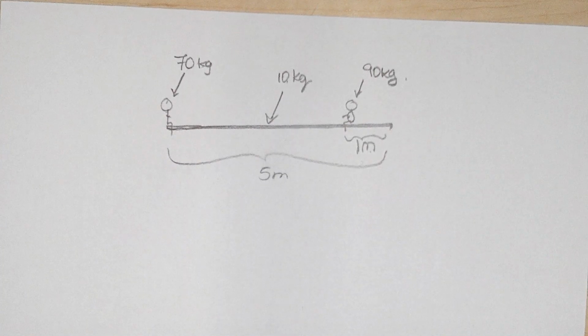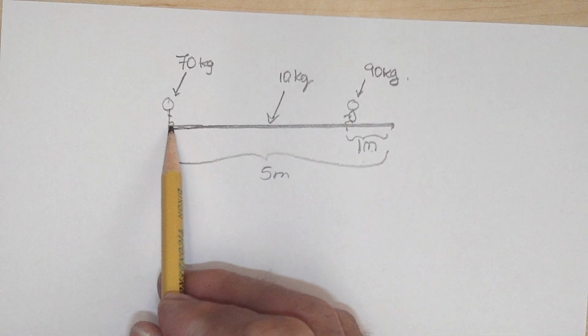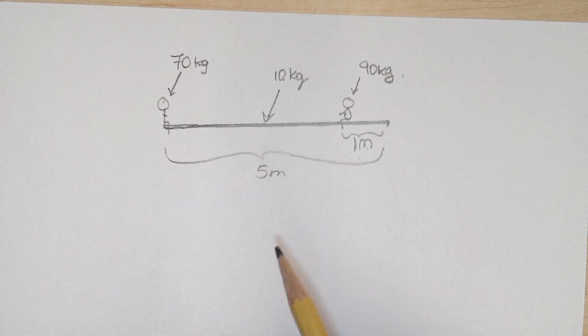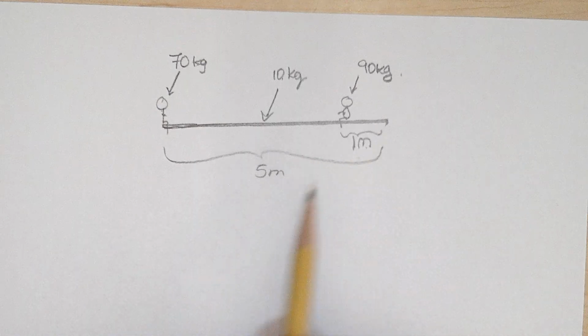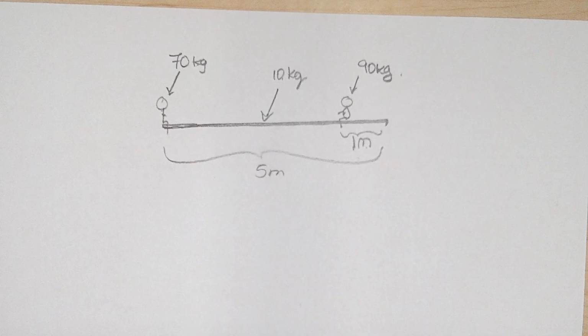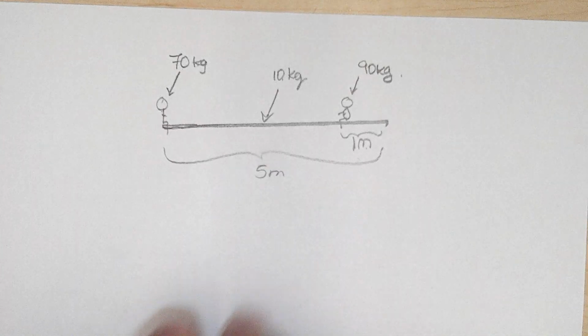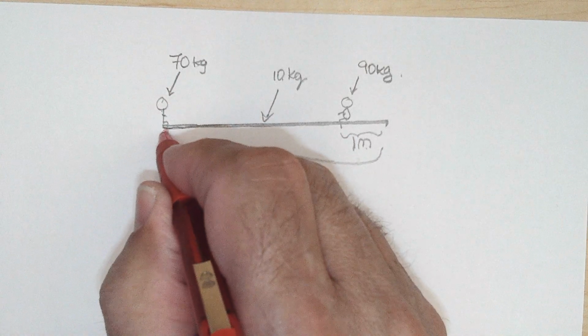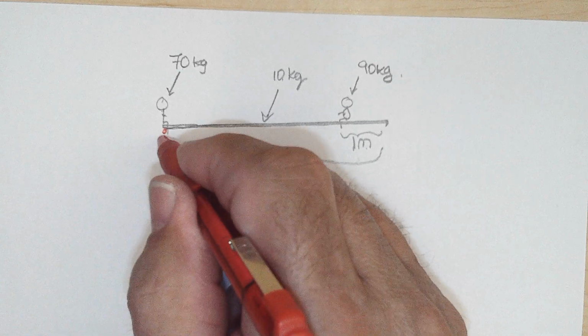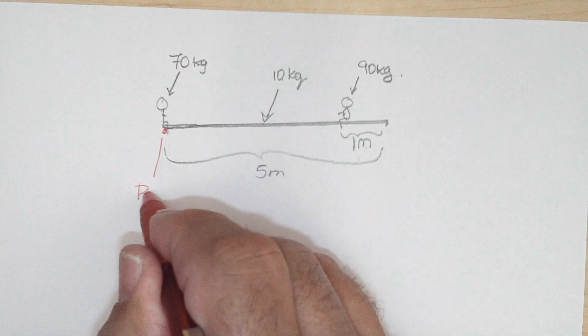So we're going to go three times through this problem finding that point. First, I'm going to imagine this being fixed here, a turning point I'm going to call a pivot point.